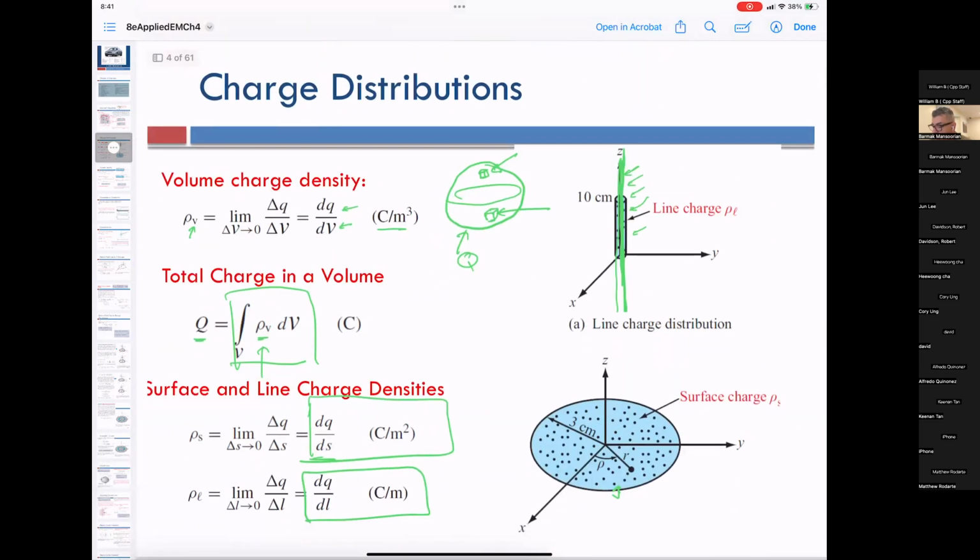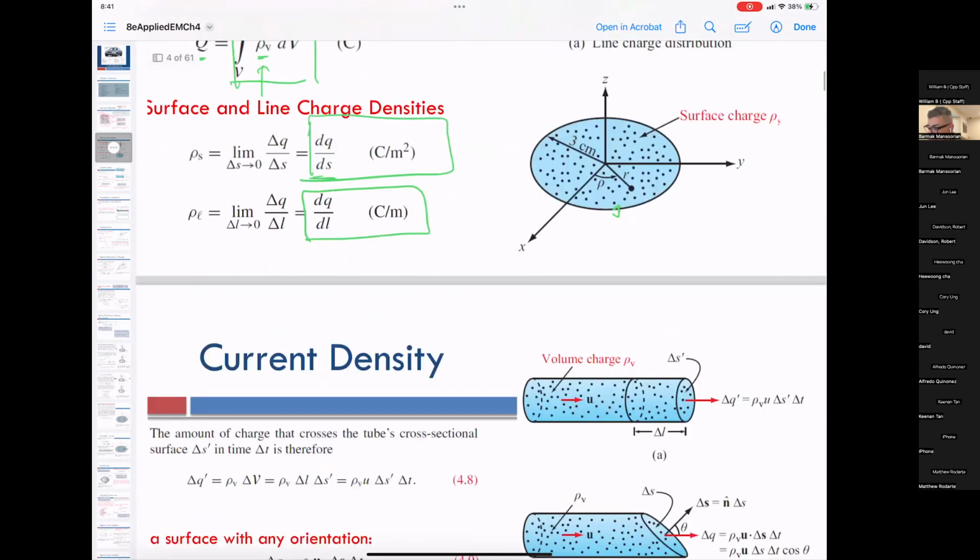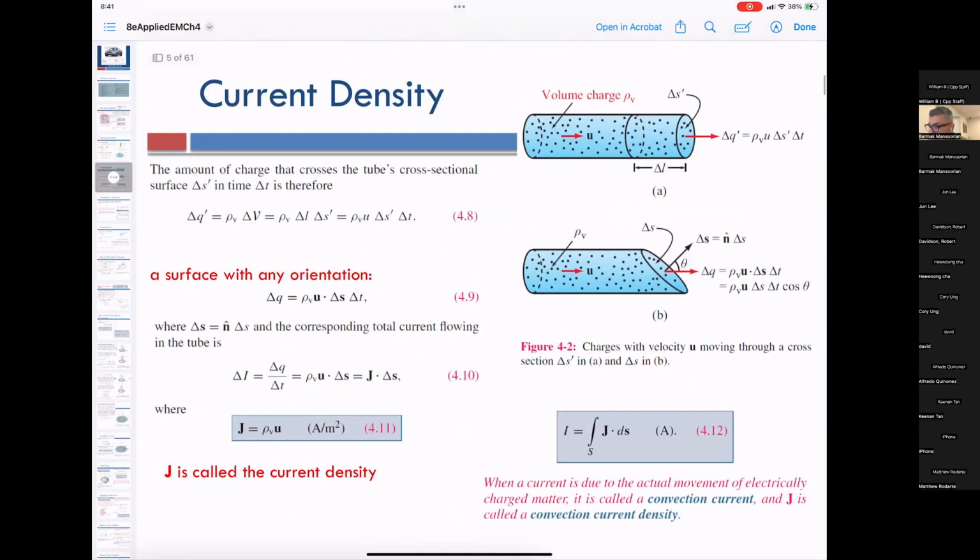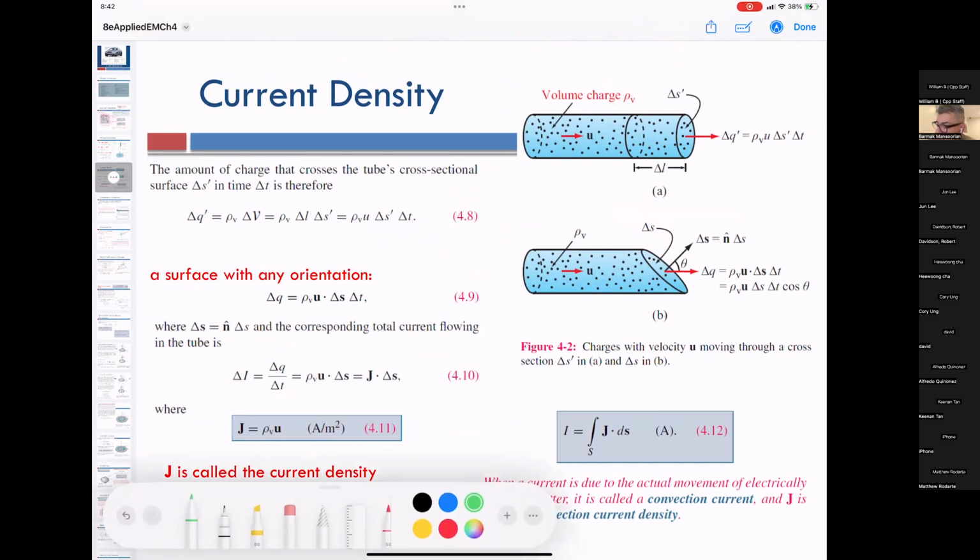Okay, and in these cases, the charges are not moving around. They're just distributed in some way. And then we also have something called a current density. As I'm sure you know, current is the movement of charge over time.